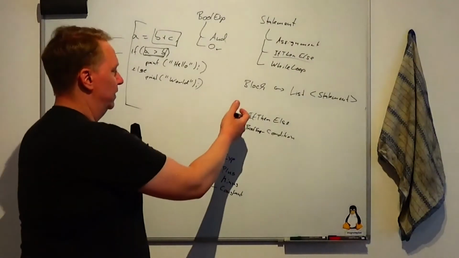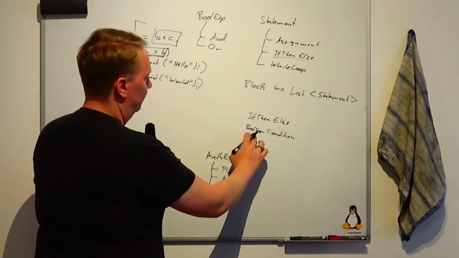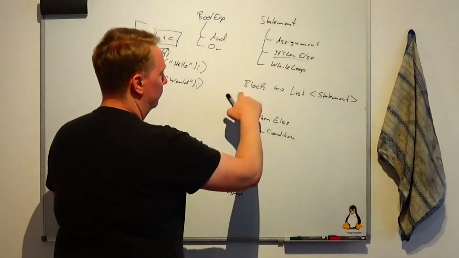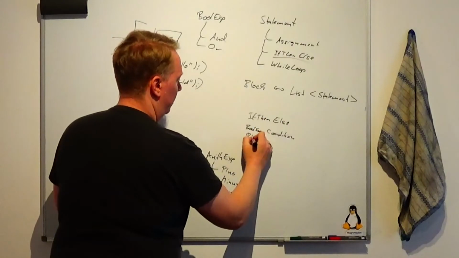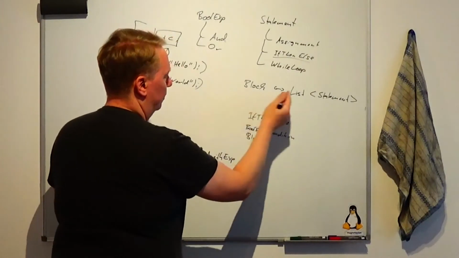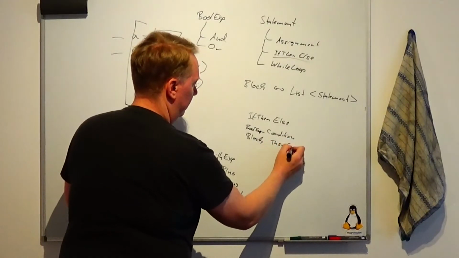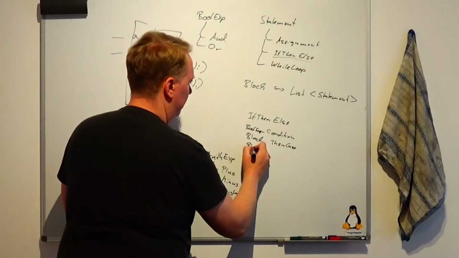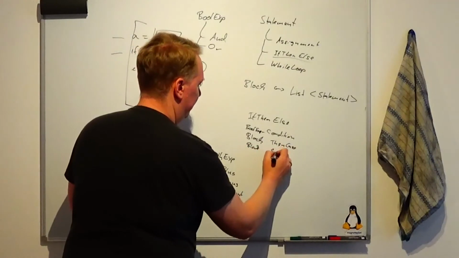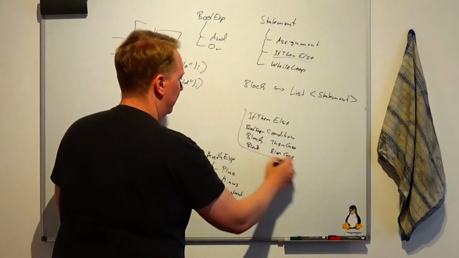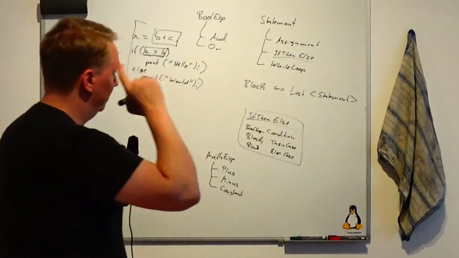So an if then else will have a boolean expression, as I said, and then it will also have a block for the then case and a block for the else case. Okay, that would be an if then else.